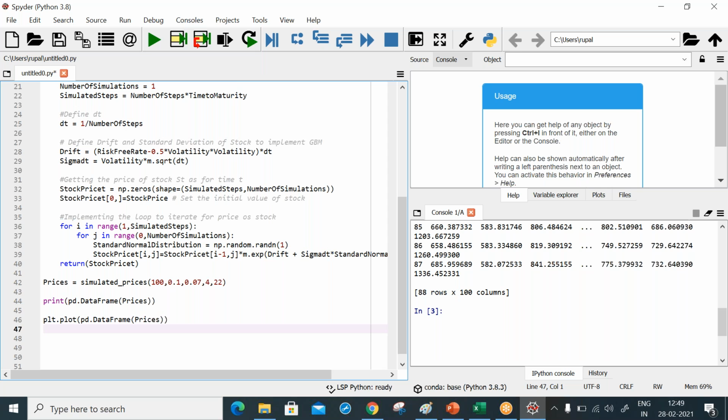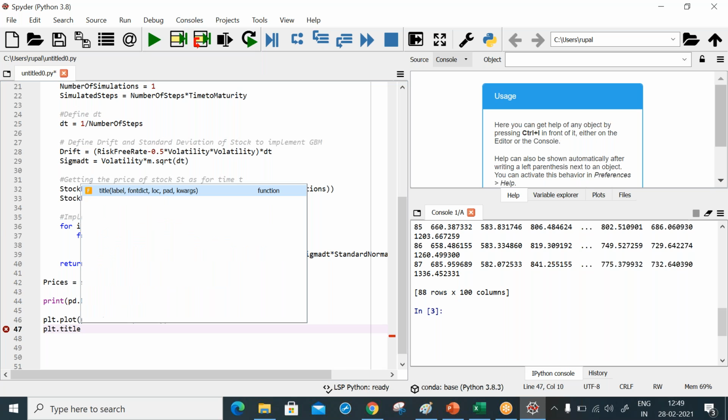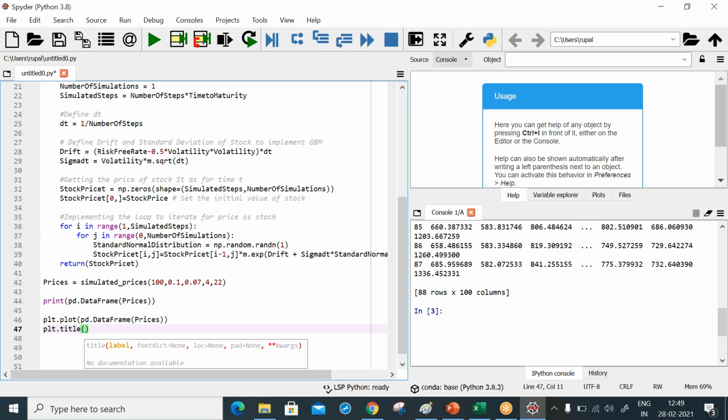Now we will put a title to it, and labels to the x axis and y axis. So plt.title, and our title is Monte Carlo Simulation.